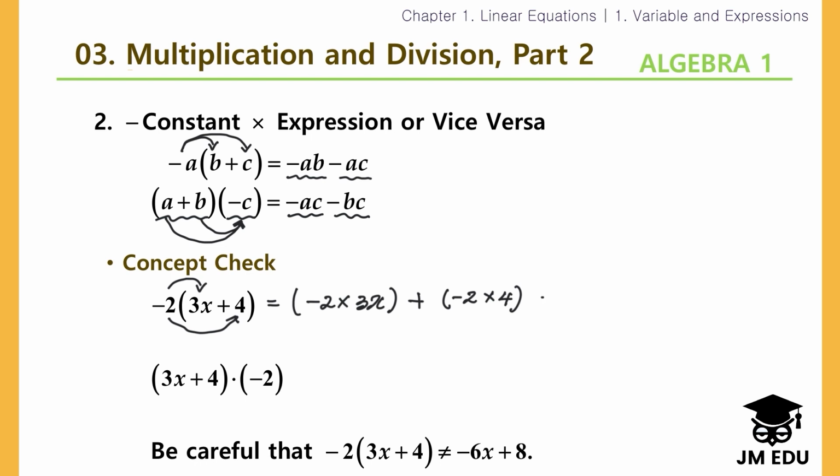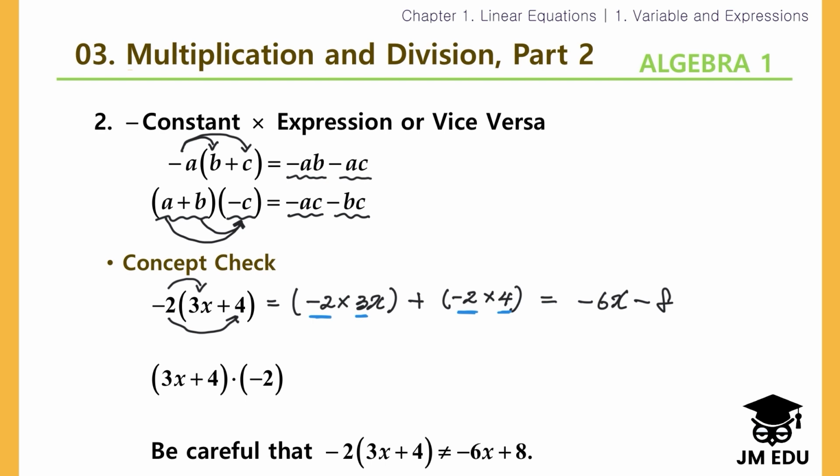So negative 2 times 3, numbers first, that's negative 6, so that's going to be negative 6x. And we have negative 2 times positive 4, that's minus 8, right?